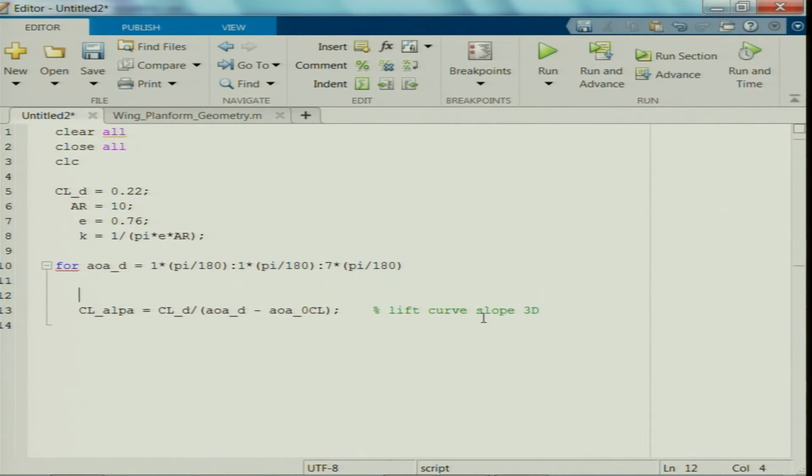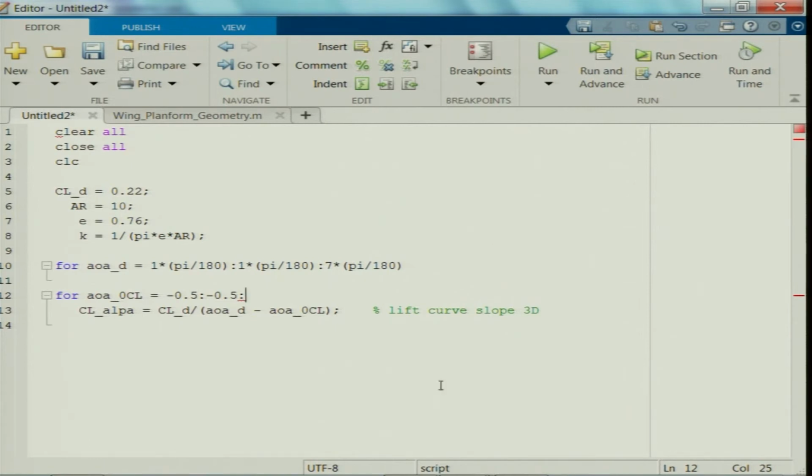So, if this varies, let us say for AOA underscore 0, angle of attack at which lift is 0, from say minus 0.5 degrees with an increment of minus 0.5 degree. So, it should be minus 0.5 or 0.5, right.